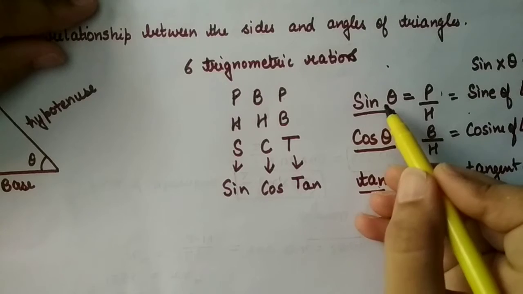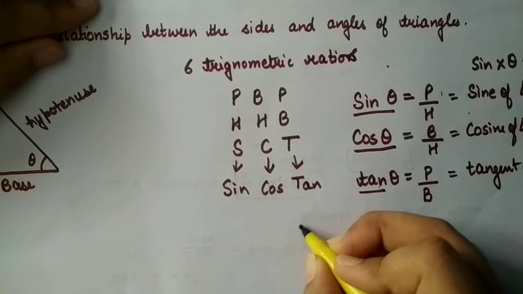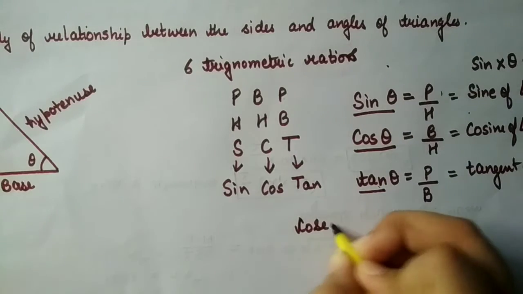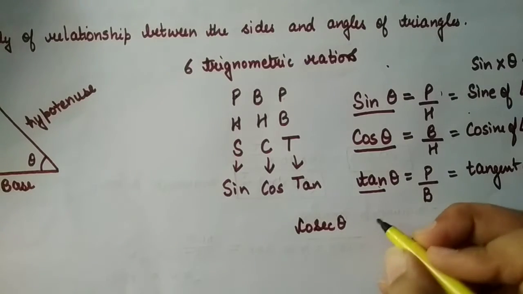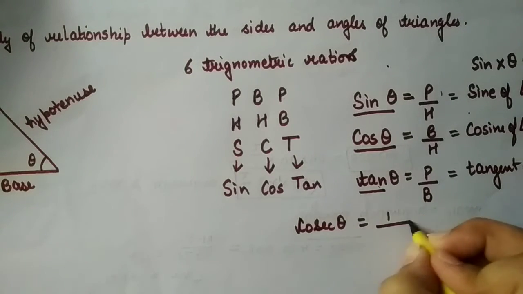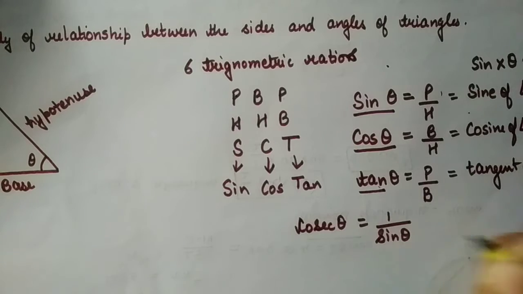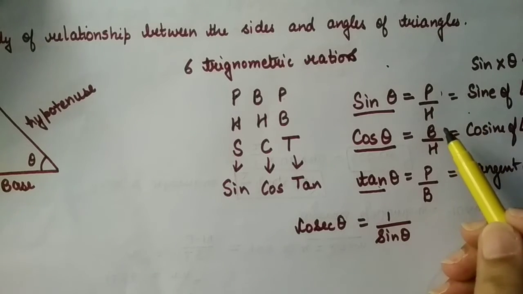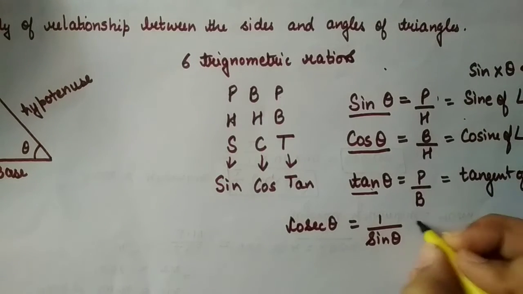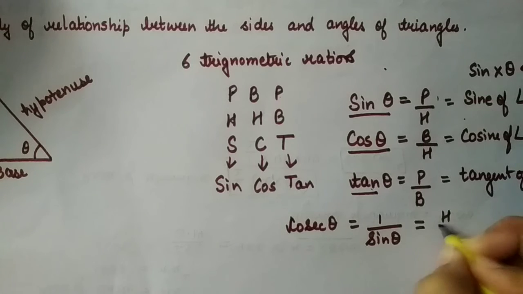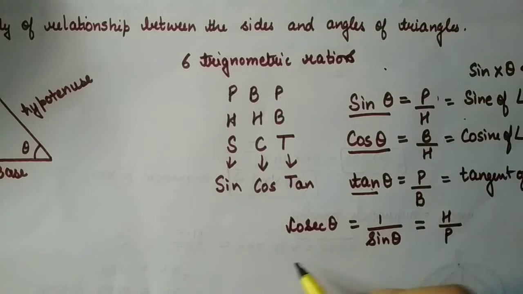Now reciprocal of sine theta is called cosecant theta. Okay, it is reciprocal of sine theta, and sine theta is perpendicular upon hypotenuse, so cosecant theta is hypotenuse upon perpendicular. Similarly, reciprocal of cos theta is secant theta.